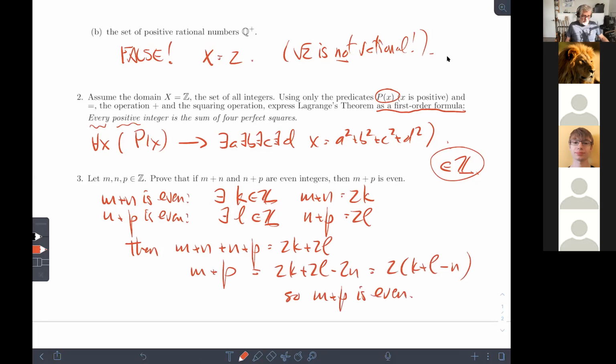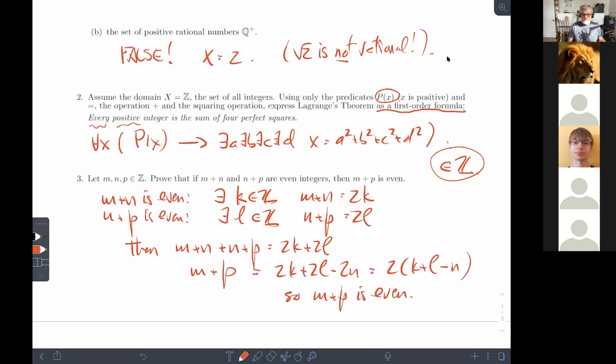There is a longer way, which is correct, which is this. You argue that for m plus n to be even, either both m and n are even or they are both odd. The same is true for n plus p. They have the same parity, which means, because n appears in both, that m and p must have the same parity, and hence their sum is even.